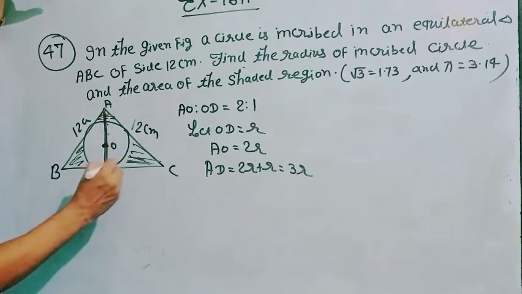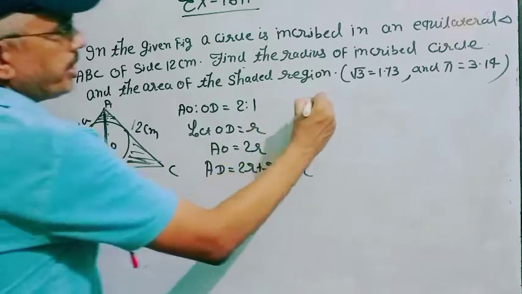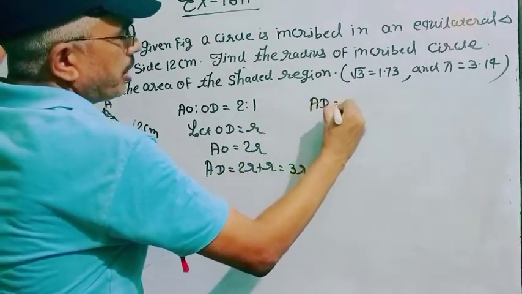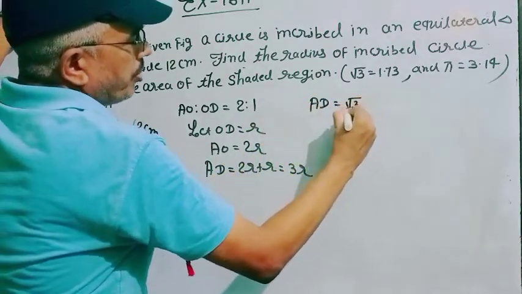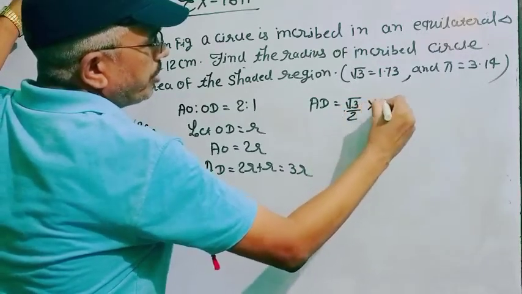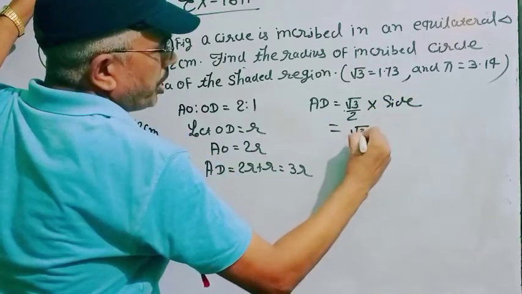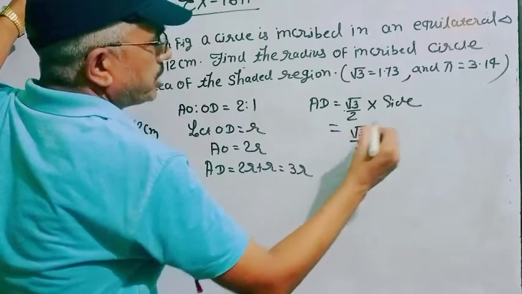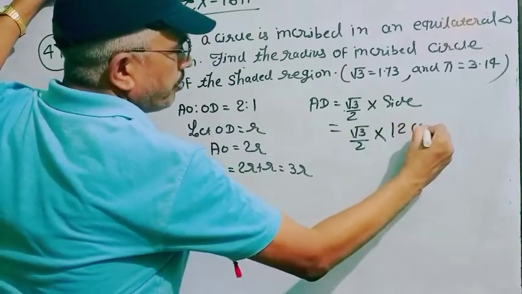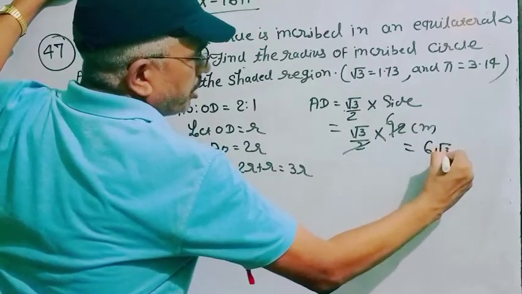But according to the equilateral triangle formula, AD is the height. So AD is equal to root 3 by 2 into side. Here the side is 12 cm, then cancelling, that is 6 root 3.